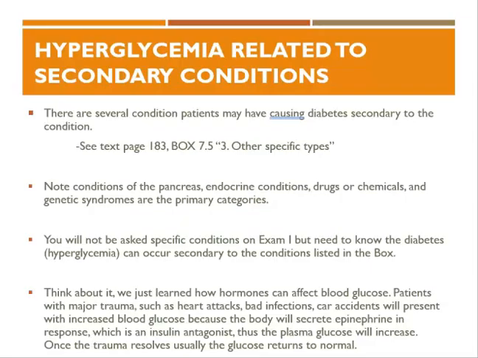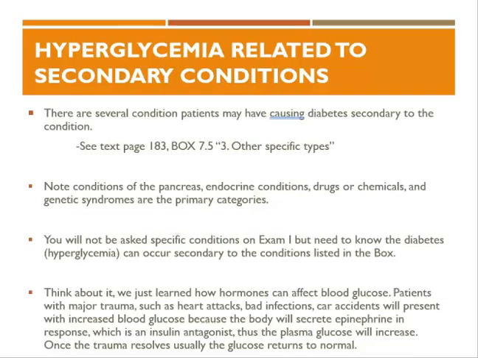There's another scenario which could cause a short-term hyperglycemic event. If a patient has had a trauma, such as a heart attack, a bad infection, or maybe even an accident, there will be an increase in blood glucose because the body is going to secrete epinephrine. Remember in part 1 of the carbohydrate lecture when we talked about hormones and what epinephrine does.